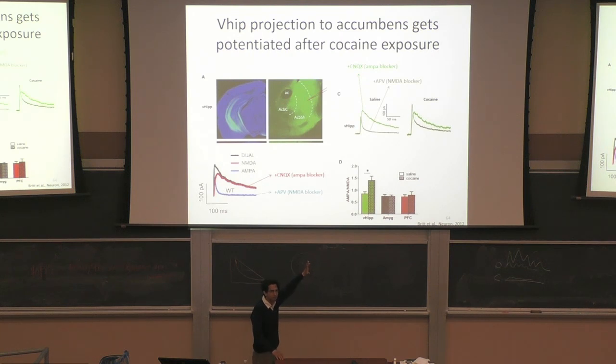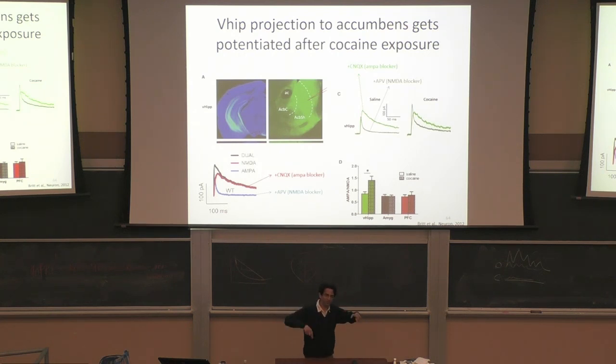So first the rat is there. Then you make it become exposed to cocaine. Then you make a slice of the brain which contains the accumbens. In that slice, you have some animals that were exposed to cocaine, some that were not.